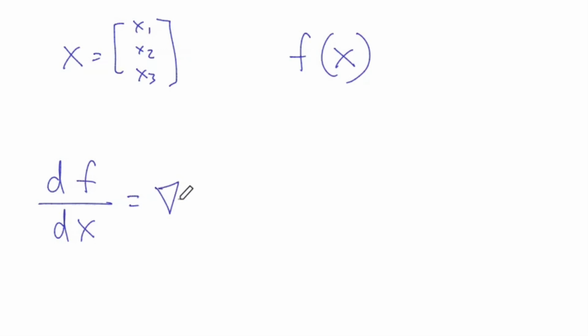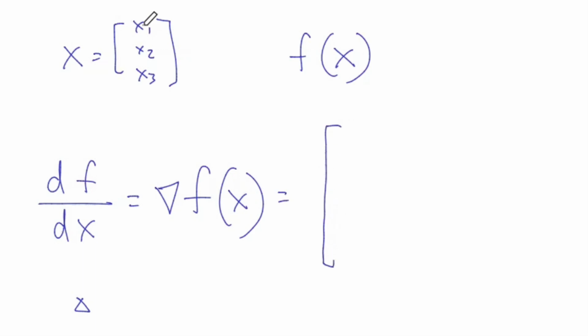This is the symbol nabla, not delta. Delta is this one. Some people call this delta, no, delta is this one. The inverted one is nabla. Nabla f means the gradient of this function f(x).